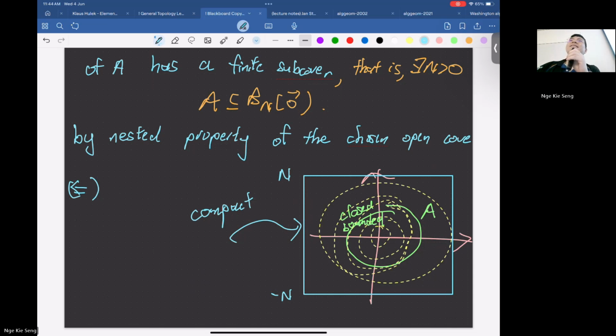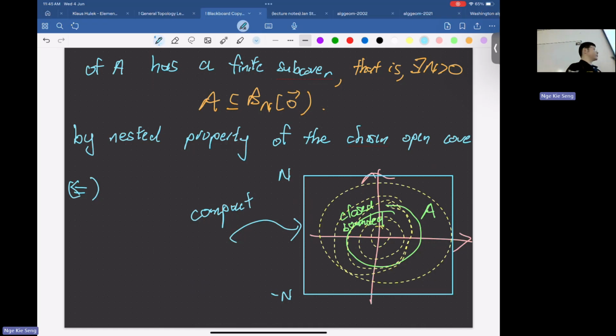Why did I say easier just now? Just now I proved that a product of compact sets is compact. But now this is the product of two closed intervals, and I proved that a closed interval is compact. So here it becomes easier. If you think the closed ball is easier, then you need to show why the closed ball is compact.